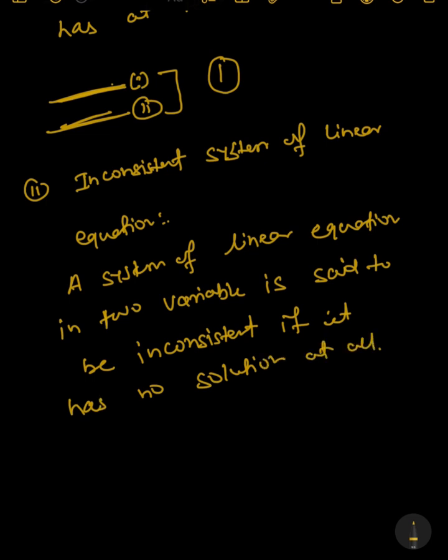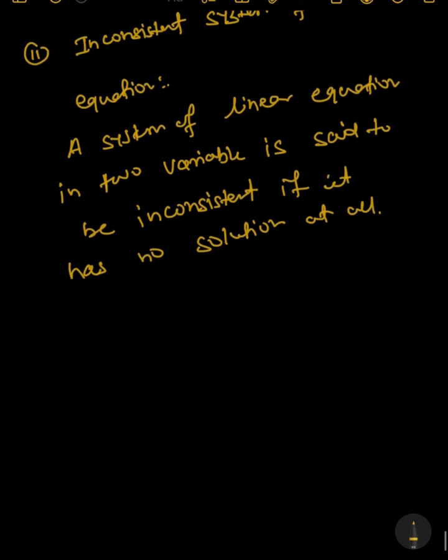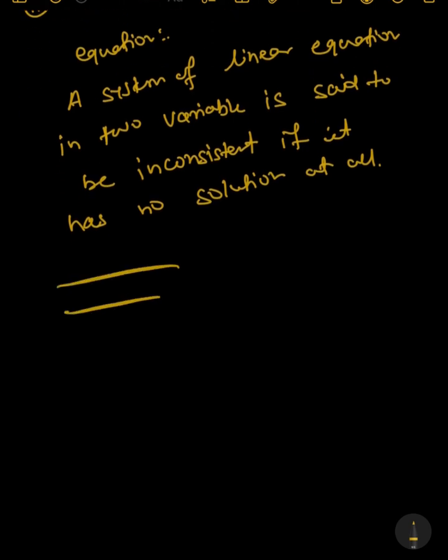So for consistent, at least one solution is required, but if a system is like this where no solution exists, then this system will be called inconsistent system.